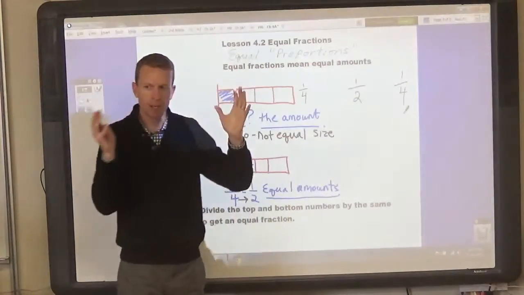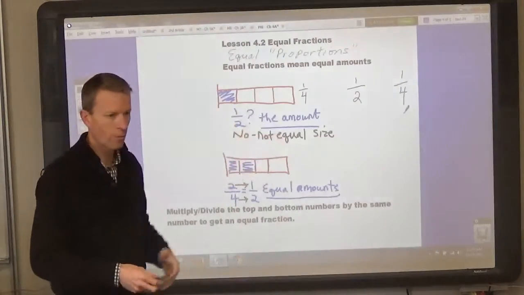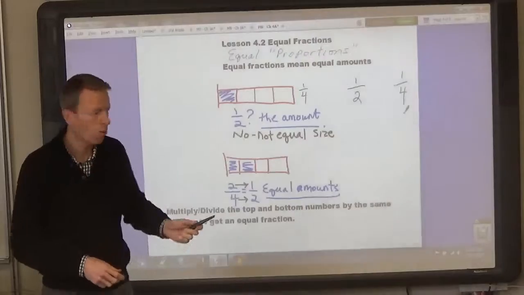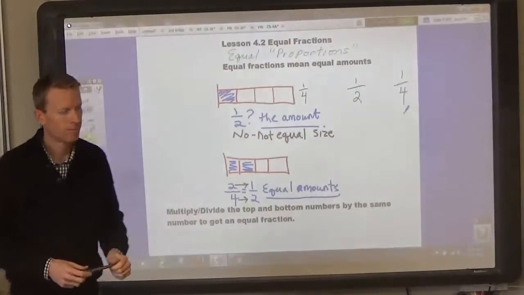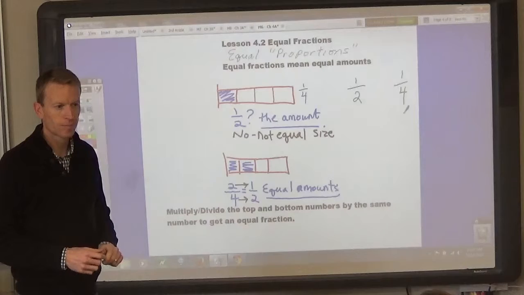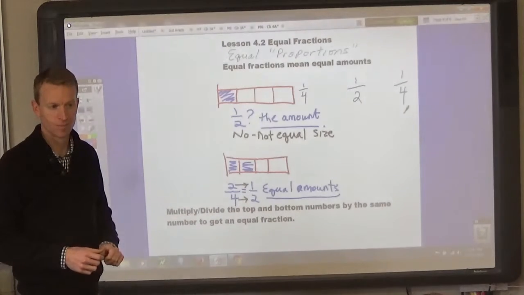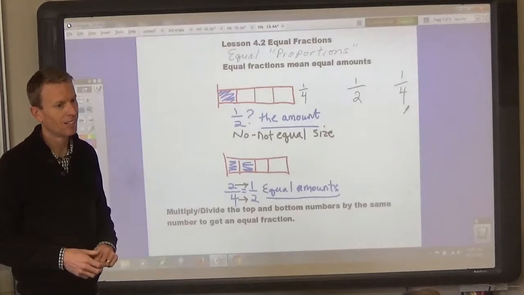Just look at the big picture here. What is the difference between 1/2 and 1/4? Why aren't they equal if they both are one piece? Max. Because the 1/2 is only a half, but 1/4 is only a fourth of the actual number, and a half is more than that. Okay.